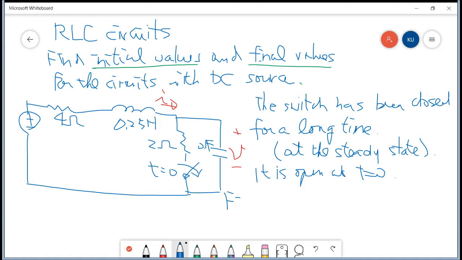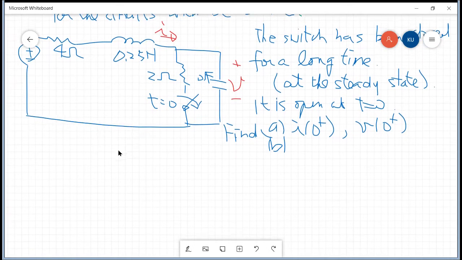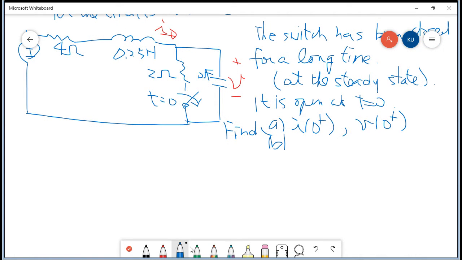Find, there are lots of things to be found. A: I(0+), V(0+), B: dI(0+)/dt and dV(0+)/dt.